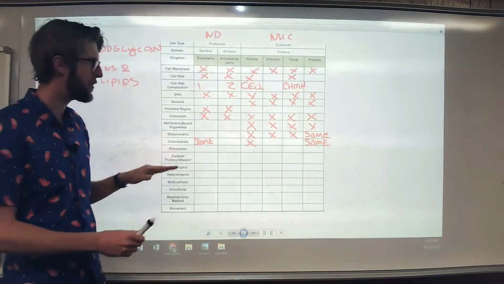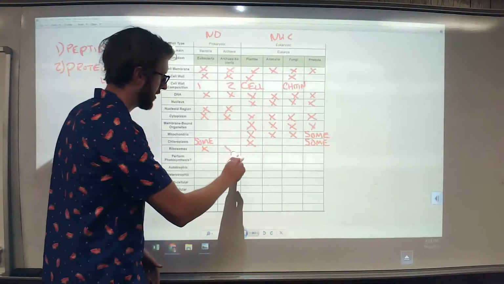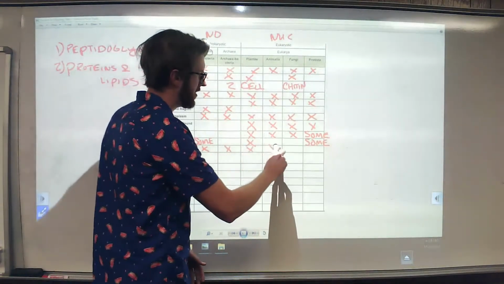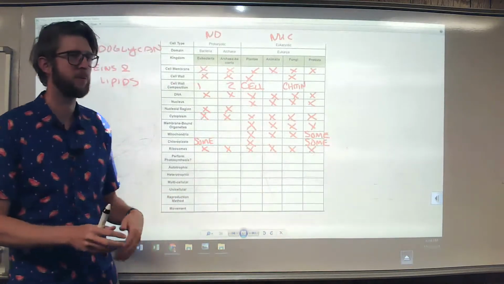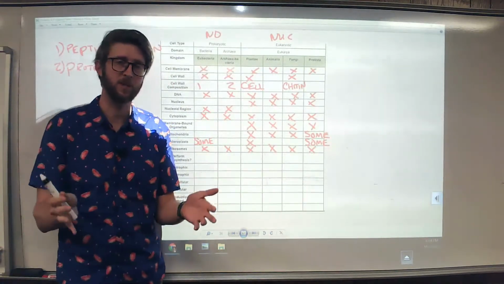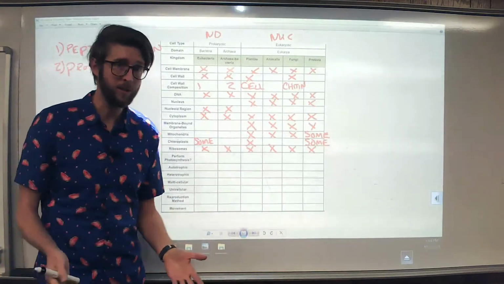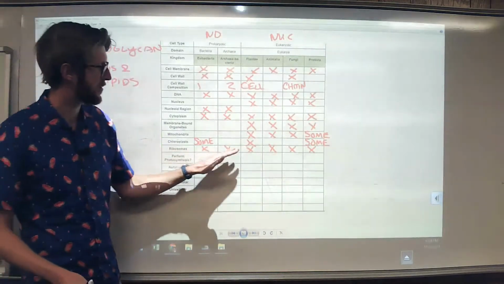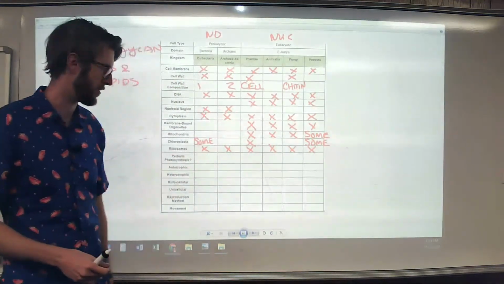Ribosomes. Remember what a ribosome does, it makes proteins, right? And every cell type needs proteins. Proteins perform all the basic functions of cellular life. Without proteins, a cell would not be able to do anything. And so all cells, just like DNA, all cells have proteins as well.